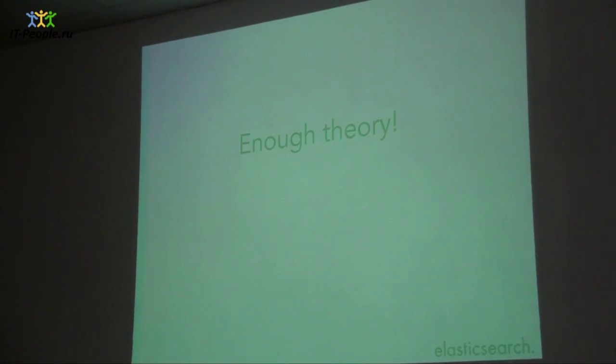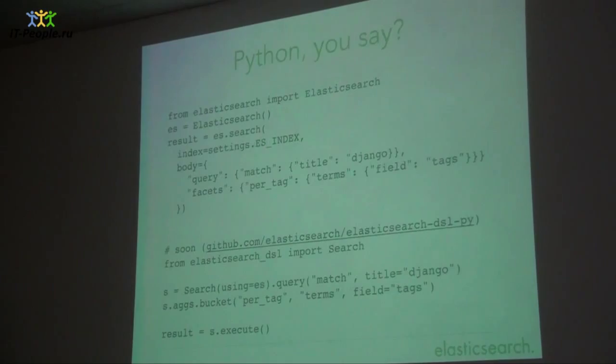Now just how do I actually use this? So if I want to start using this from Python, if I have some documents that I want to index and search, all I need to do is this. On top there is a very raw way to actually do the queries using Elasticsearch. So you just import the client, you instantiate it, and then you do a search.